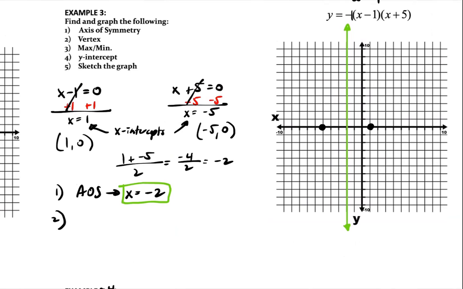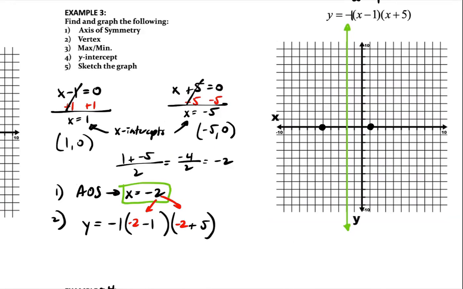So I'm going to rewrite the old equation: y equals -1 times (x - 1) times (x + 5). But this time, I'm not going to write x. I'm going to write what I got here, -2.